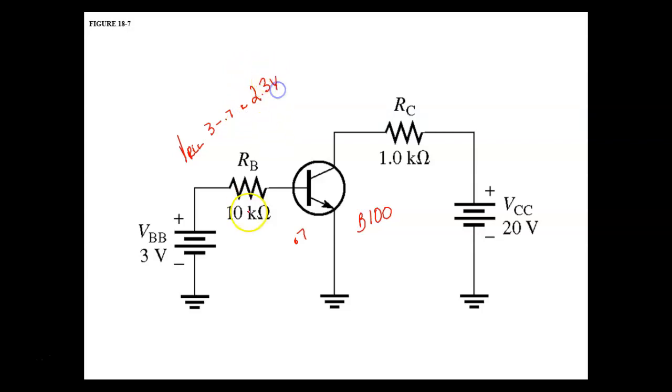Then I'm going to calculate my base current. My base current, IB, would be equal to 2.3 volts divided by 10K. This gives us IB: 230 microamps.